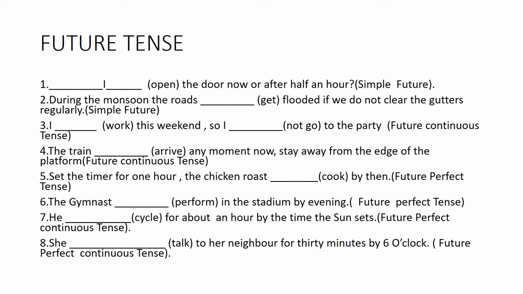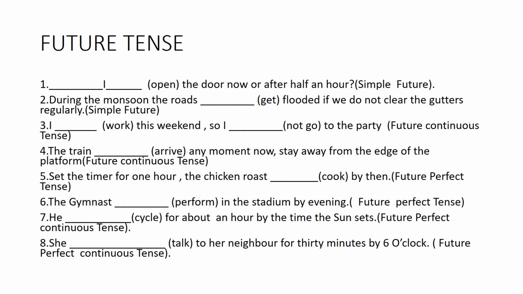Now here, example 1, the subject is I. Shall I open the door now or after half an hour? Second example: during the monsoon, the roads will get flooded if we do not clear the gutters daily. Roads, it is it, so we are using will get.